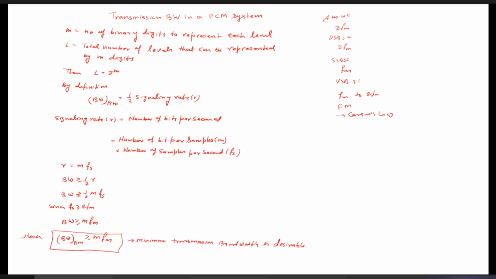So let us calculate the signaling rate for the case of PCM. The signaling rate is defined as the number of bits transmitted per second, and half of that is the bandwidth of the PCM.